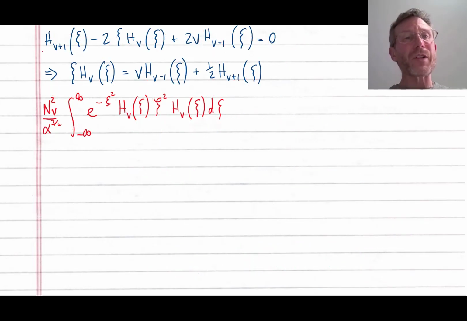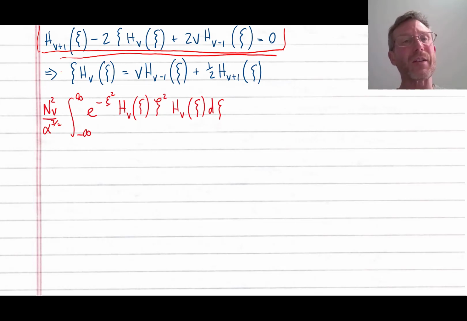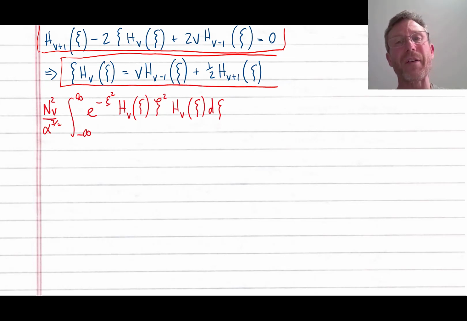So here's our recursion formula from the previous slide. I've just rearranged it a little bit in here, and I've rearranged it to have this xi function multiplied by the Hermite polynomial H sub v on the left hand side.